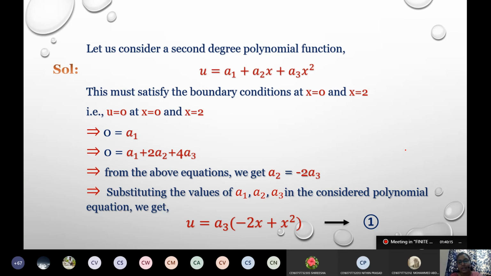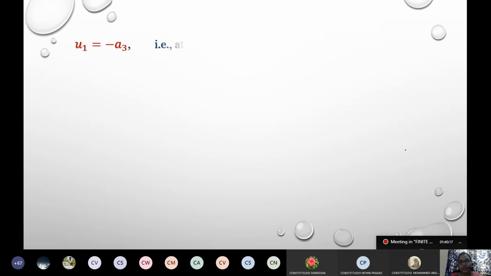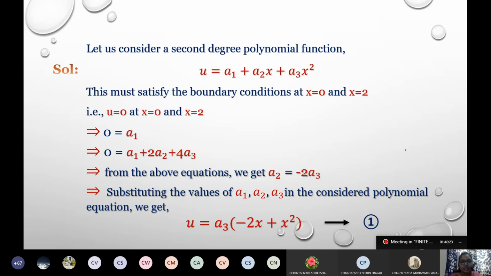There is another constraint in the equation. That is u1, the displacement at x is equal to 1. There was a term u1 in the given equation, which means u where x is equal to 1. So to get u1, substitute the value of x is equal to 1 in equation number 1.